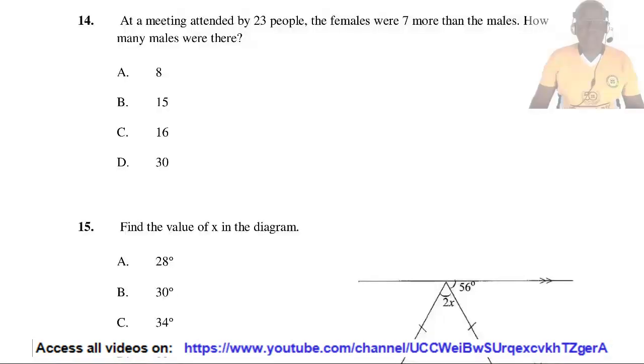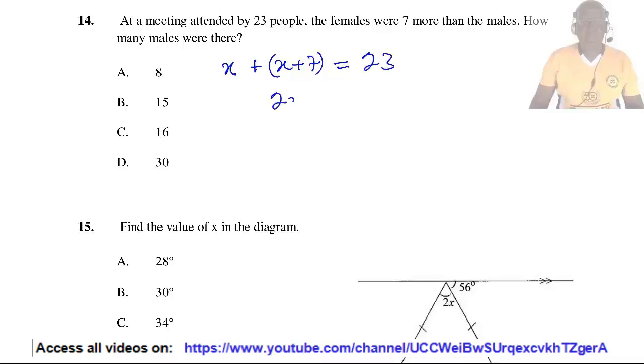Question 14. At a meeting attended by 23 people, the females were 7 more than the males. How many males were there? Now, if the males were S, the females will be S plus 7 because there are 7 more, and the total equals 23.